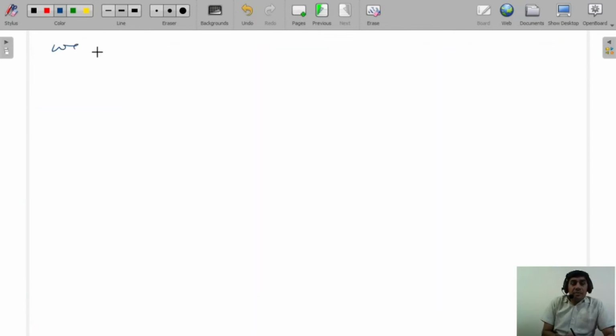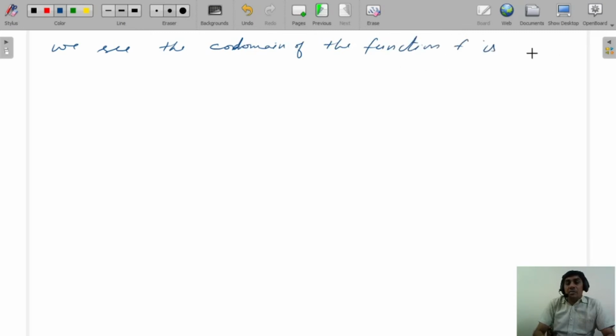We see the codomain of the function f is equal to the domain of the function g.